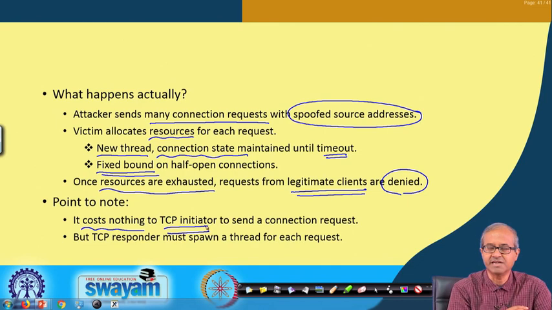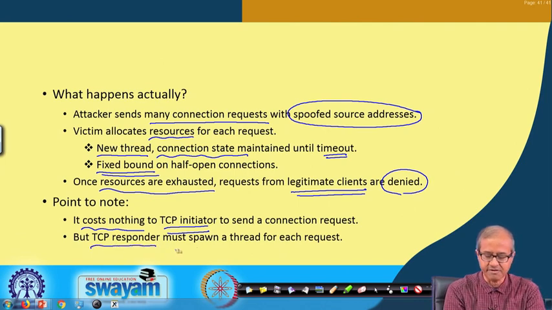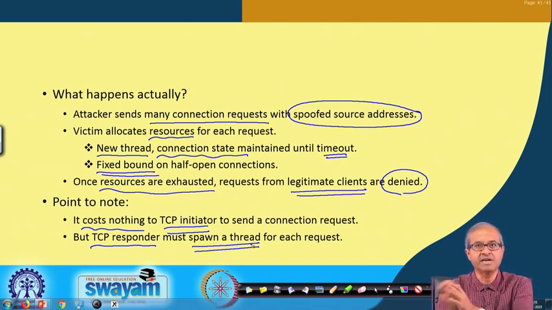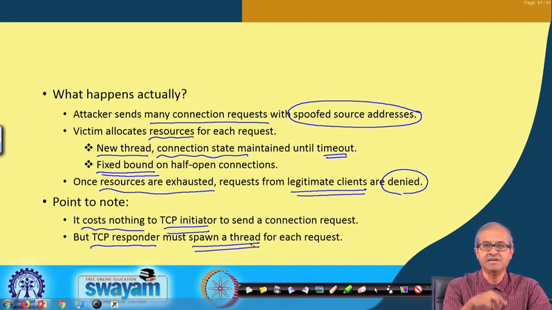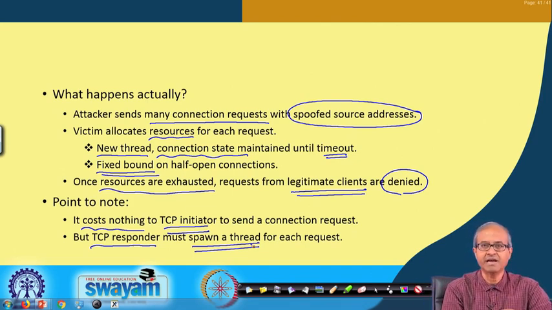Just a packet is sent, and no buffer space is reserved at the attacker site, but the responder is spawning a thread for every request and reserving an entry in a table or buffer to maintain the state of the connection. So, there is some cost incurred at the receiving side; there is an asymmetry. The sender incurs no cost, only the receiver does. That is why this kind of attack is possible.